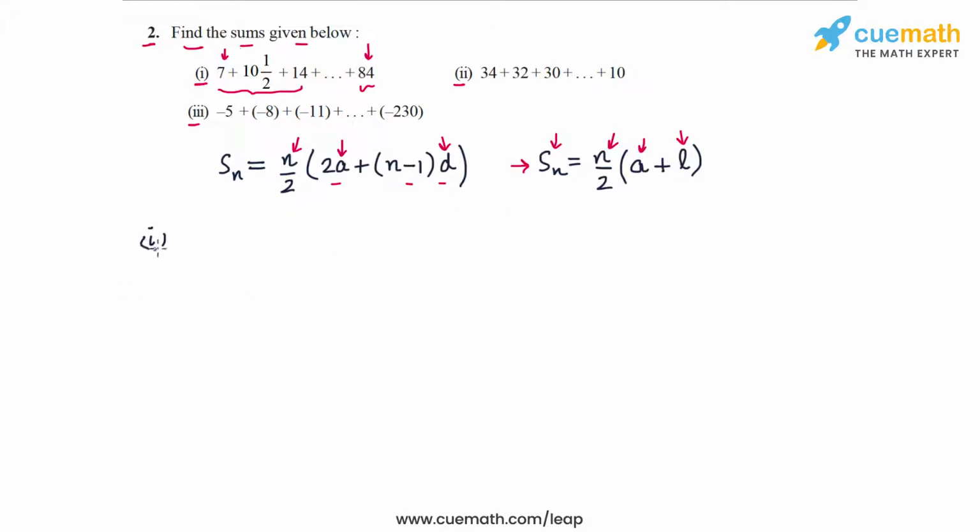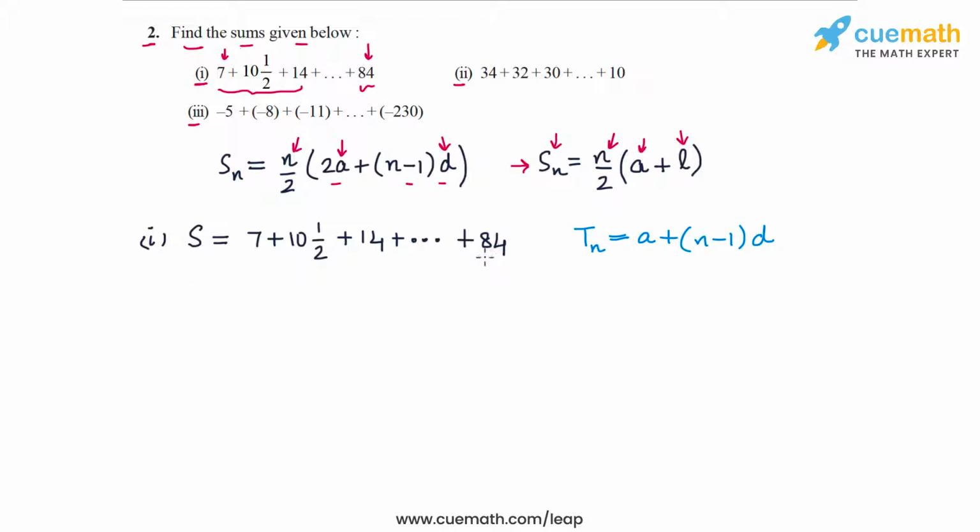In the first part, the sum that we have to find is 7 plus 10.5 plus 14 all the way up to 84. First we'll find the number of terms n. To do that, we will use this relation for the nth term of an AP, Tn equal to a plus n minus 1 times d.